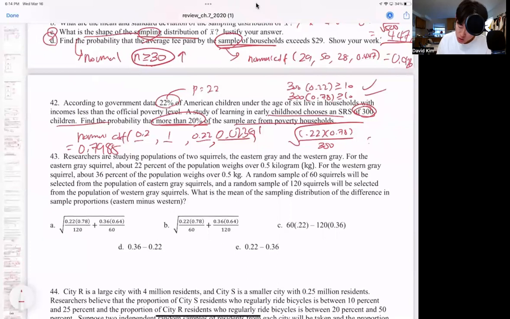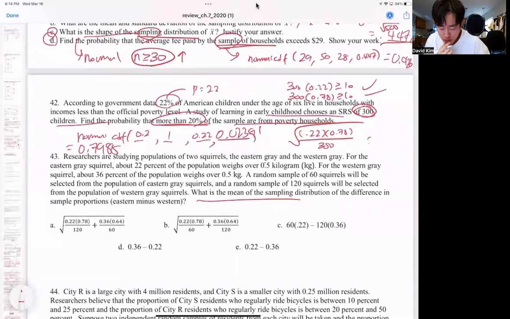43, we're combining the two. It says, what is the mean of the sampling distribution of the difference in the sample proportions? 22% of the population of Western gray squirrels weighs over 0.5, and about 36% of the population of Eastern gray squirrels weighs over 0.5.